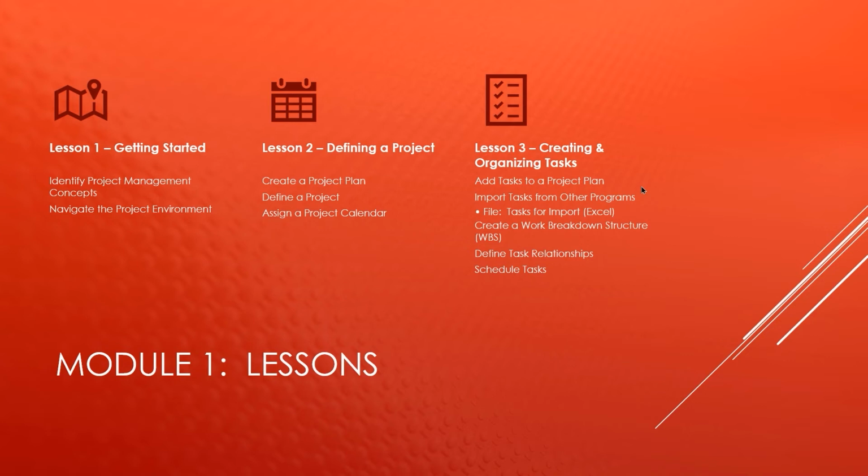To recap what we've covered in Module 1, we started by going over project management concepts, specifically the phases of project management. We started our work in Microsoft Project in the definition and planning stage of project management. And then you got a grand tour of the project environment and how to navigate within it.